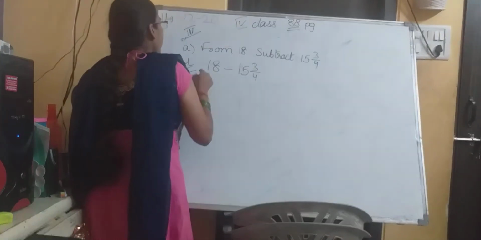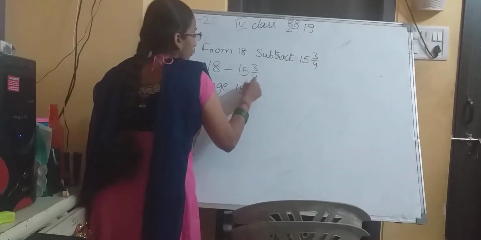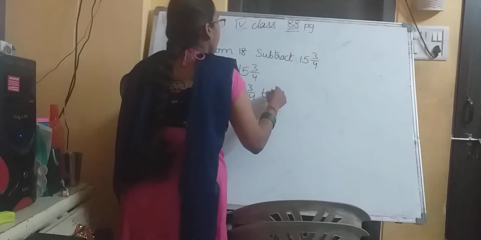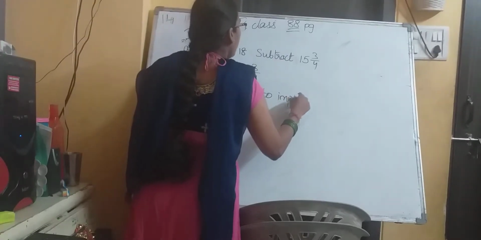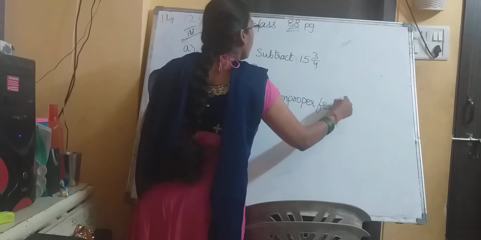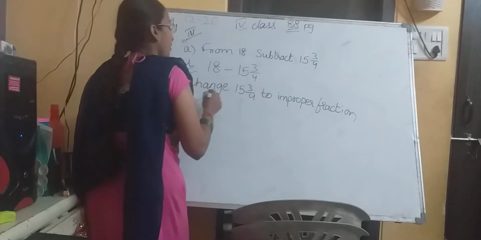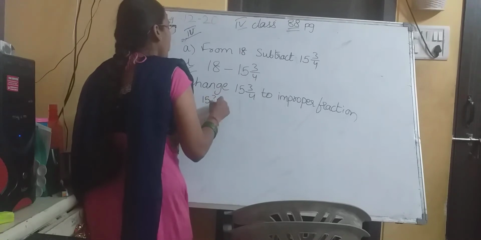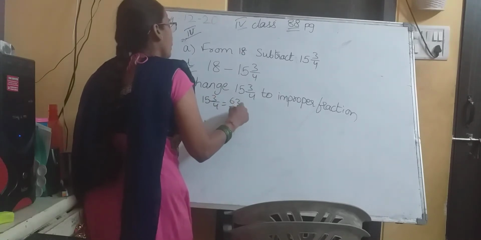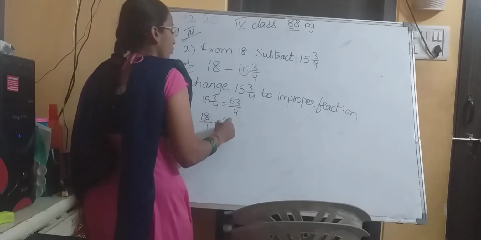Now change 15 3 by 4 to an improper fraction. What will you get? 15 4s are 60, 60 plus 3, that is equal to 63 by 4. Now 18 by 1 minus 63 by 4.